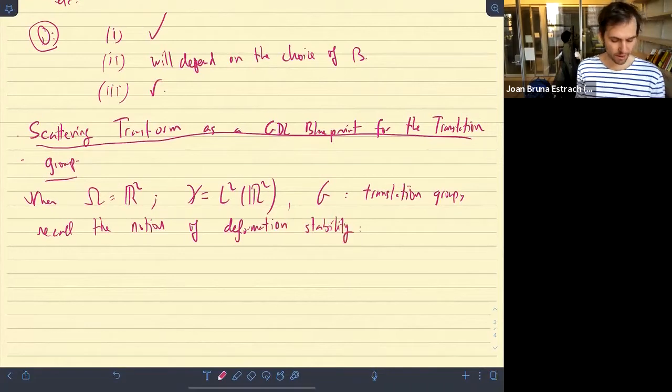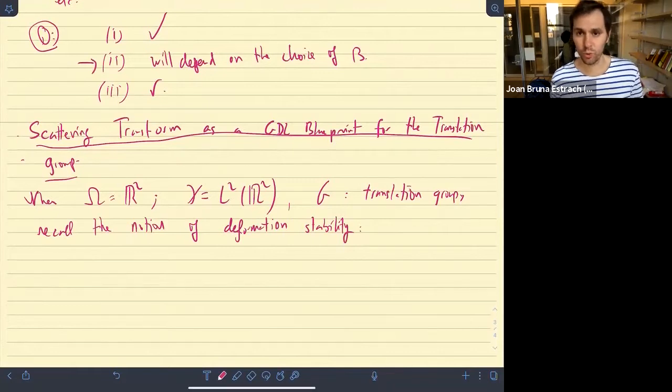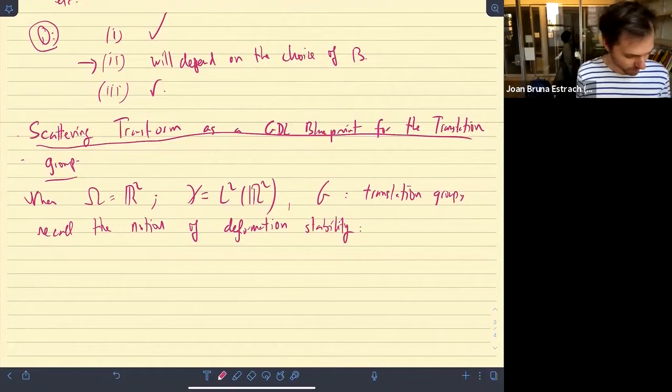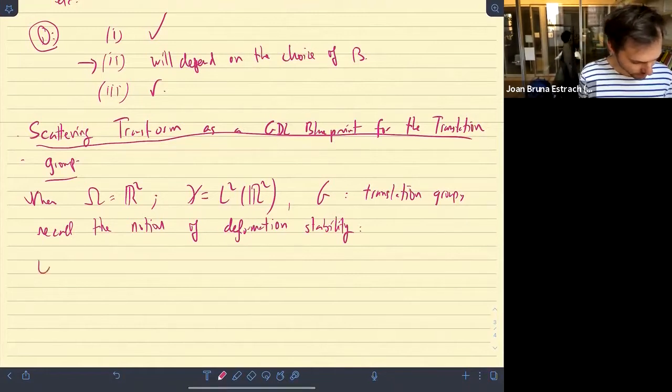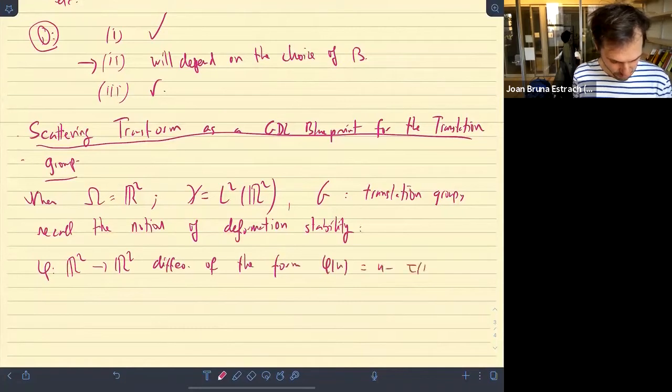Okay, so we discussed what is the natural way to formalize the property B. Remember that we had this transformation, a diffeomorphism from R2 to R2, of the form U minus some change of variables.